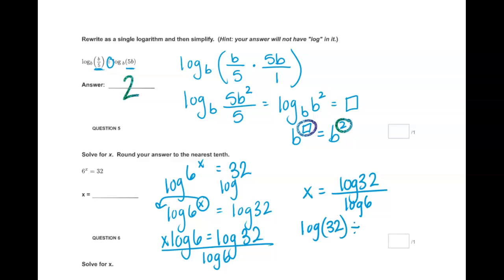Log 32 divided by log 6. And again, just the log button is log base 10. And you should get 1.93. But be careful here. Round your answer to the nearest tenth. So our answer then should be 1.9.